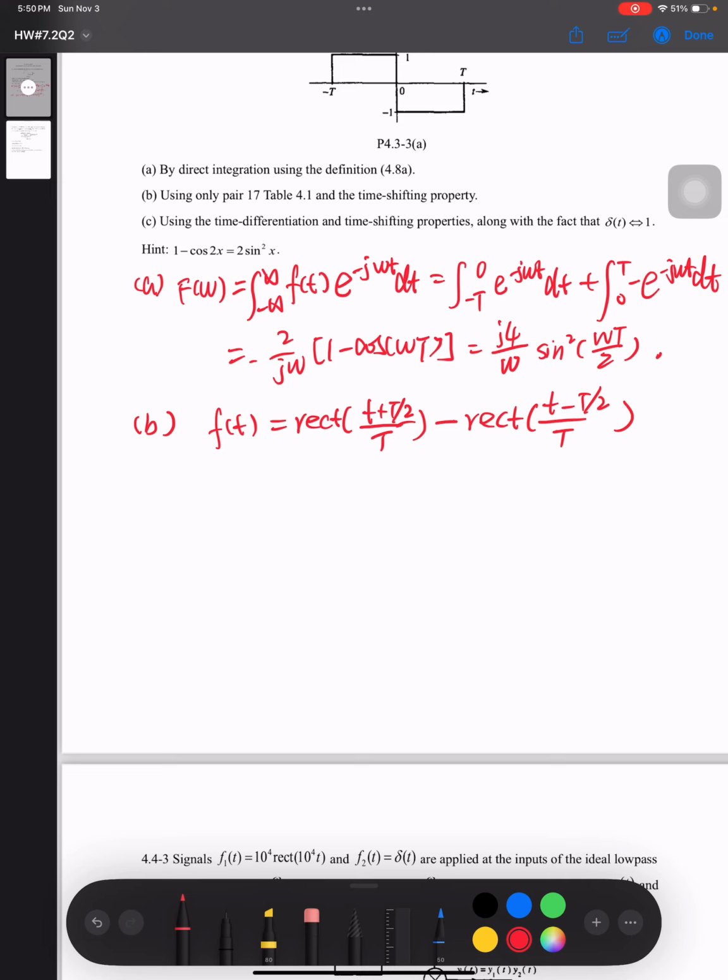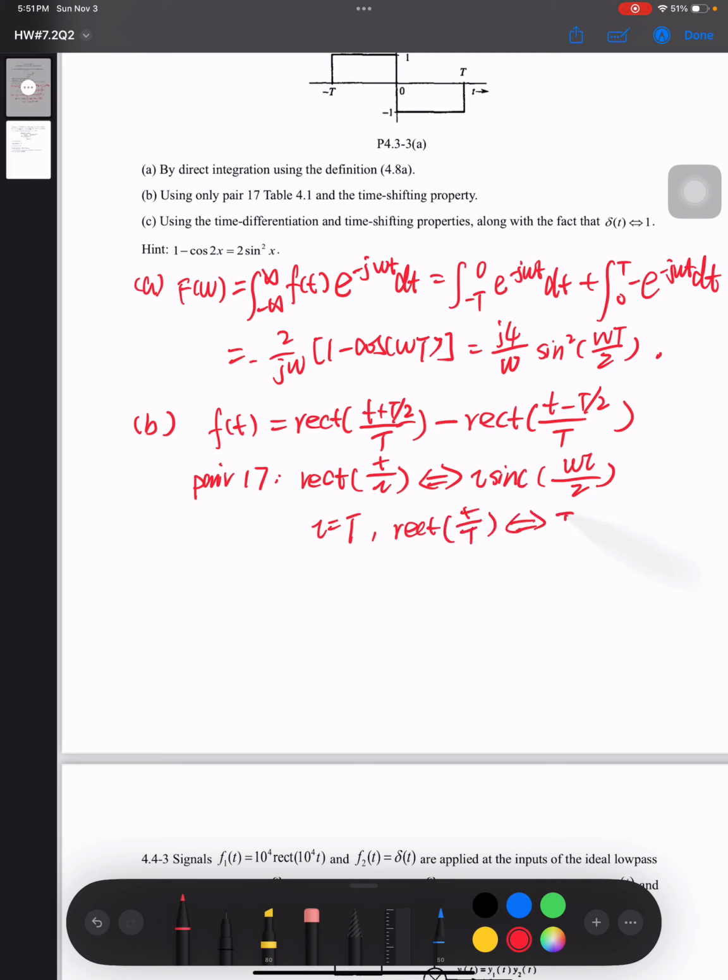And for pair 17, the rectangular function rect(t over tau) has Fourier transform tau times sinc of omega tau over 2. Here tau is equal to capital T, so we get T times sinc of omega T over 2.